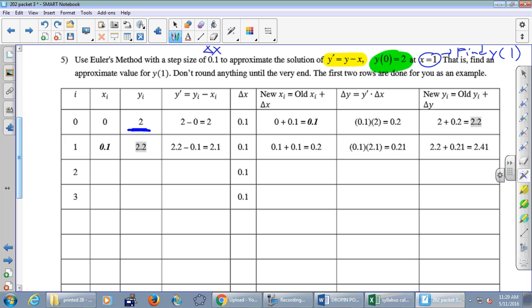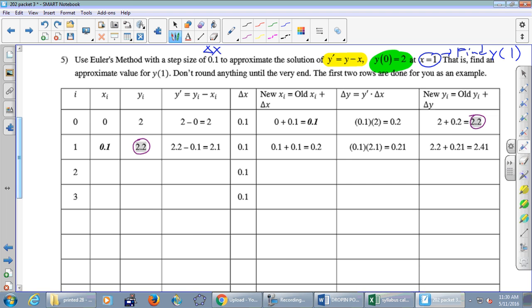You started with a y of 2. You are changing by positive 0.2. What do you land on? 2.2. So all we're doing is taking the original y, adding the change amount, and that 2.2 is the new y. And that 2.2 starts the next row. So you take your previous y, use it in your next row.